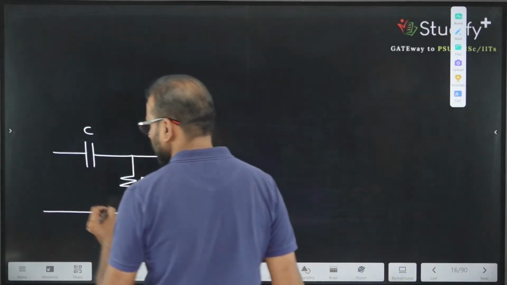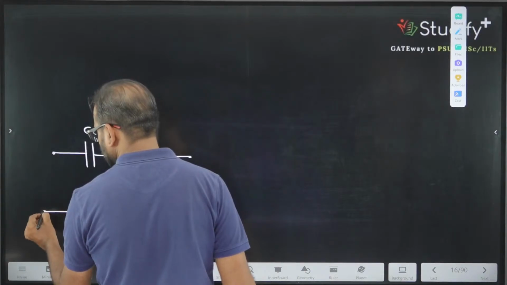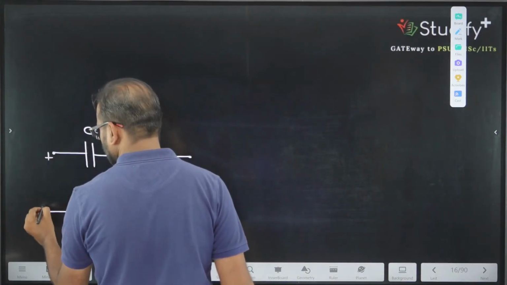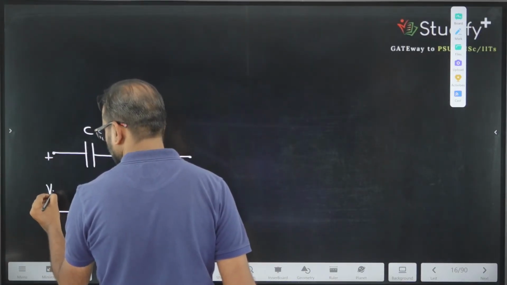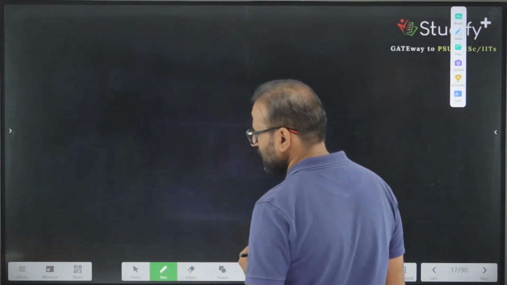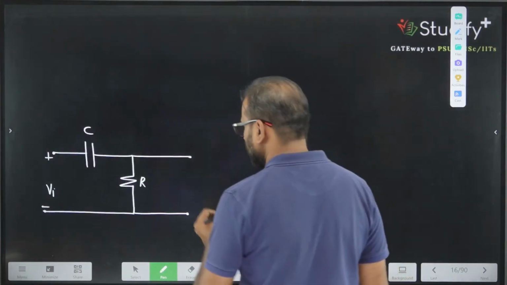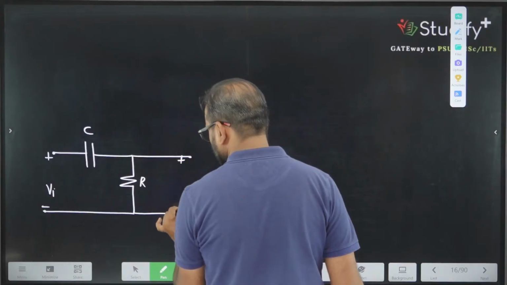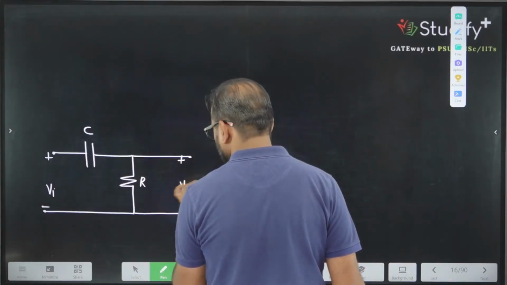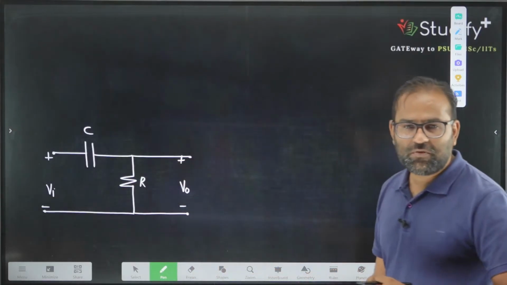And the output is V out. This is our circuit. What is the first task?